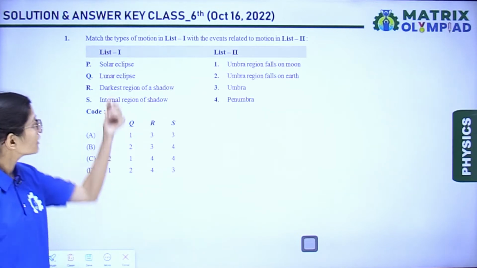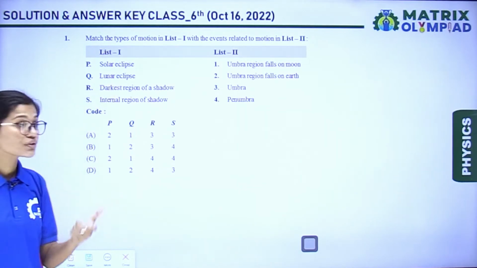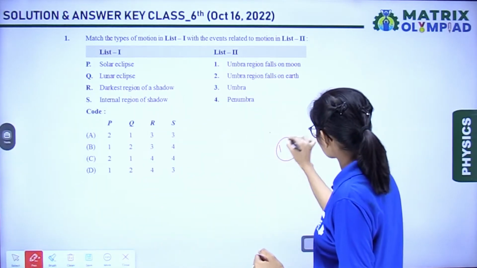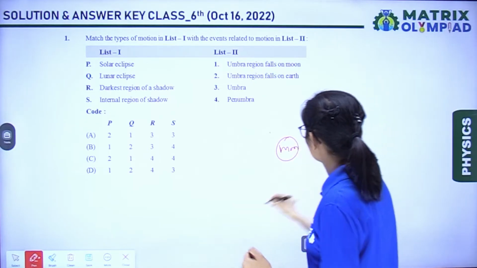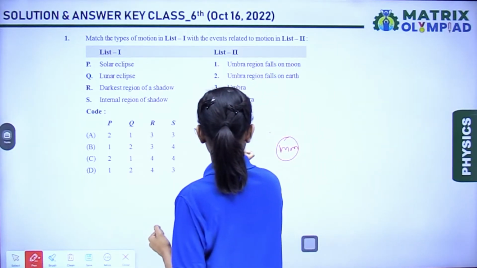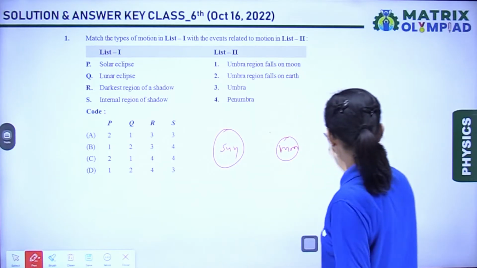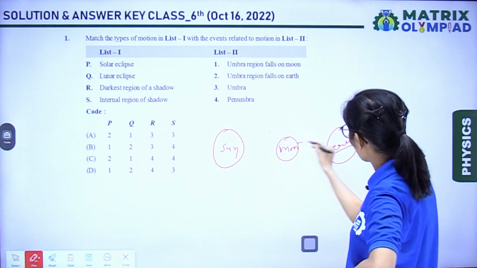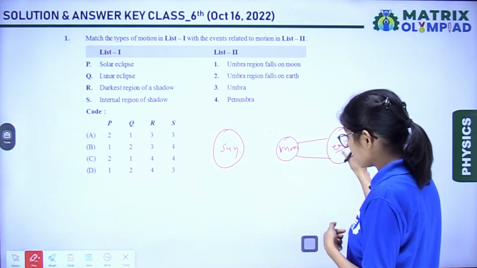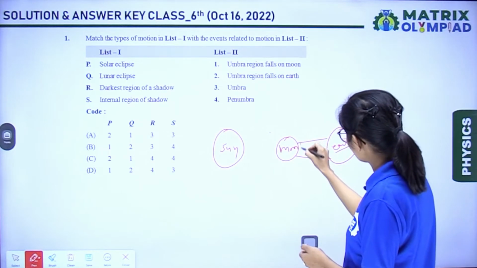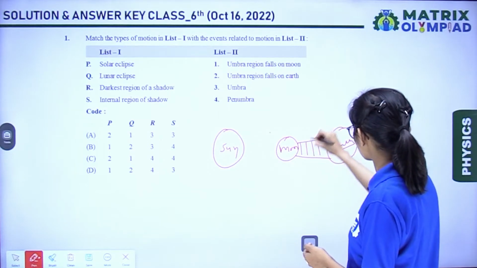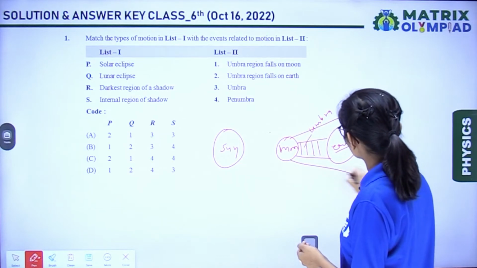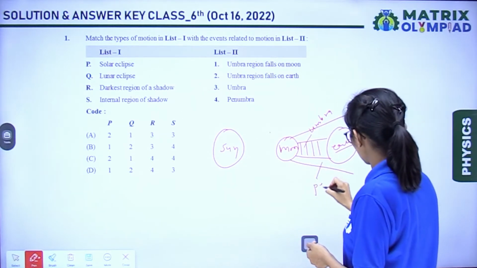If I'm talking about the solar eclipse, a solar eclipse is a situation in which the moon comes between the sun and the earth. So the shadow of the moon will be formed on the surface of the earth, and for a shadow, the darkest region is known as umbra, and the least dark region is known as penumbra.